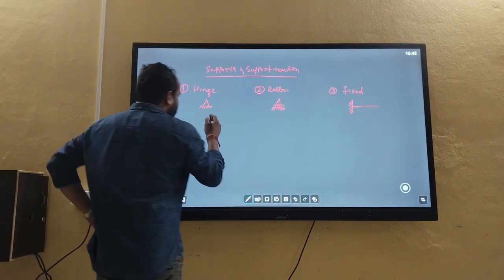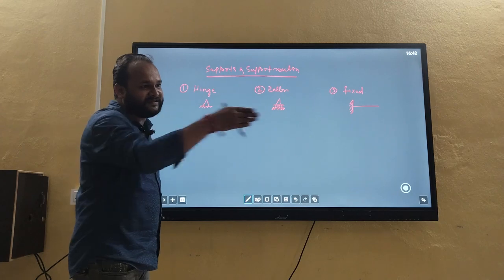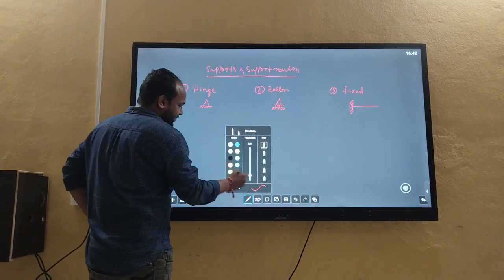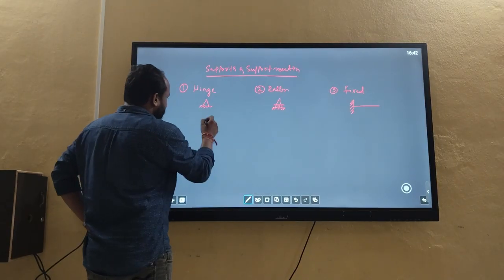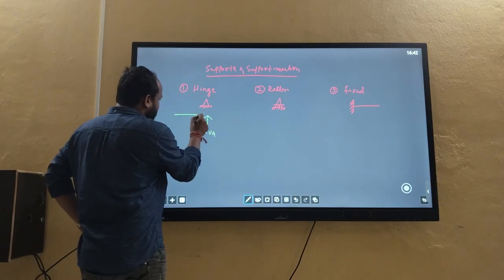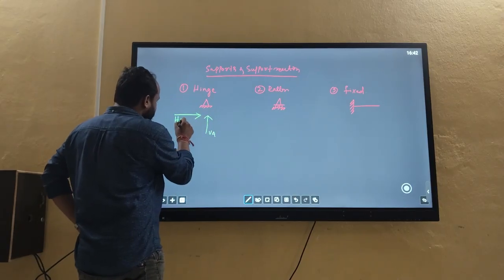So in hinge, it is restricted in the x-axis as well as the y-axis. Therefore, we will get two reaction forces in hinge support: one is the vertical reaction and the second one is the horizontal reaction.